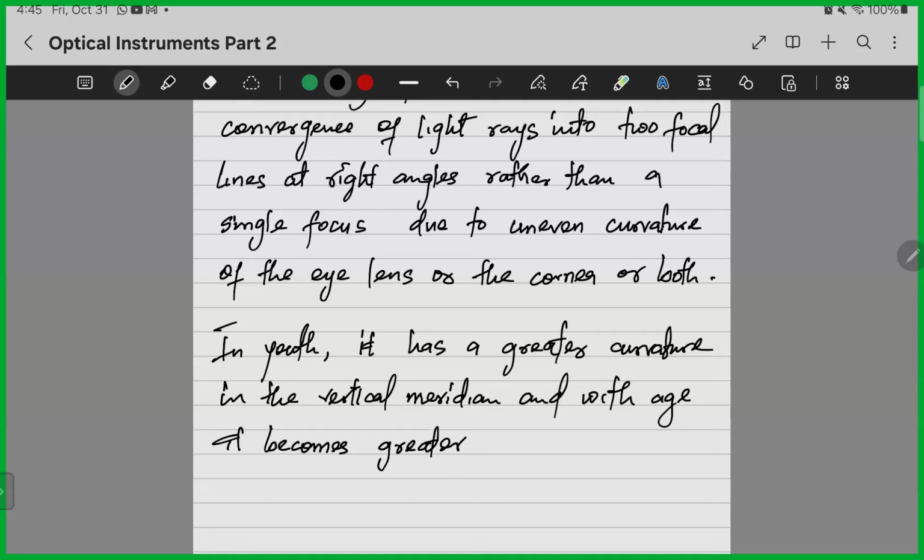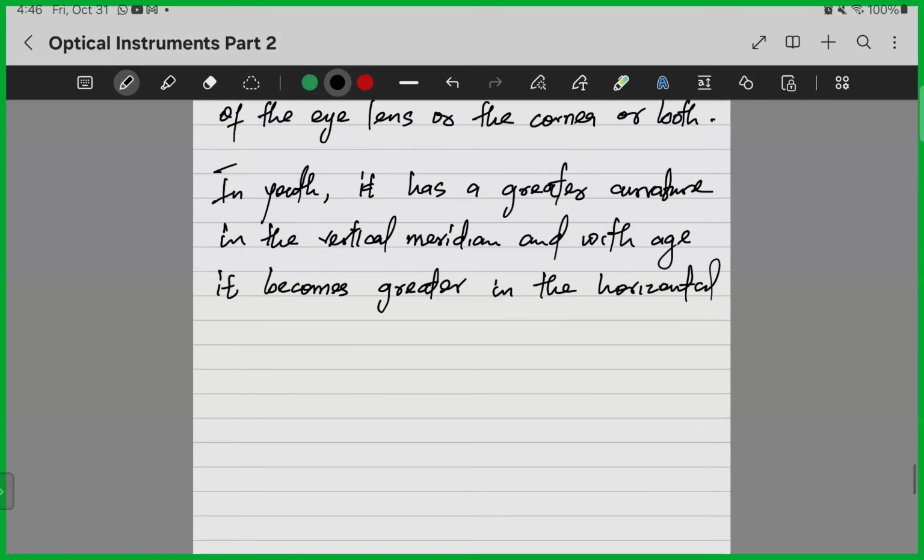Let me write this. It becomes greater in the horizontal. So for somebody with astigmatism, when he was young, there was a greater curvature in the vertical meridian. Then as the person gets old, that becomes greater in the horizontal.